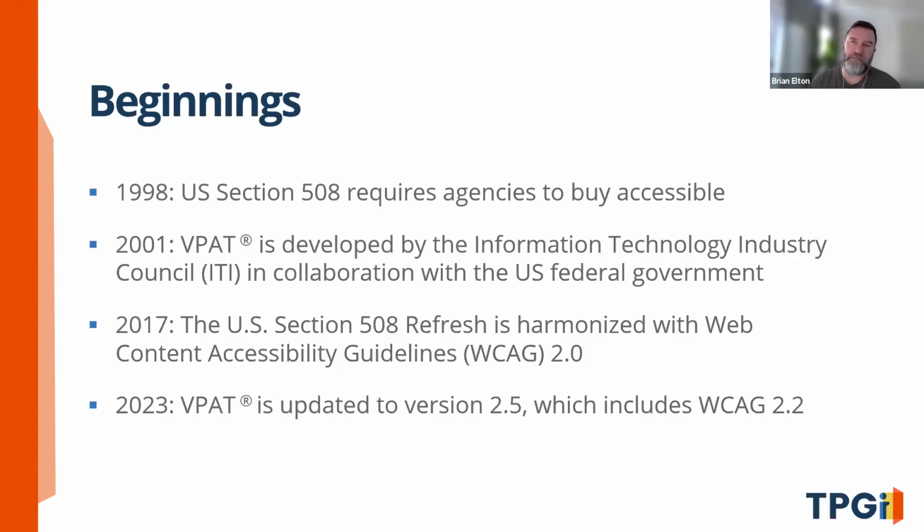And then the latest version is version 2.5, which was updated in 2023. And this now includes WCAG 2.2, which is the latest version of WCAG. Section 508 still only requires WCAG 2.0, I will mention.